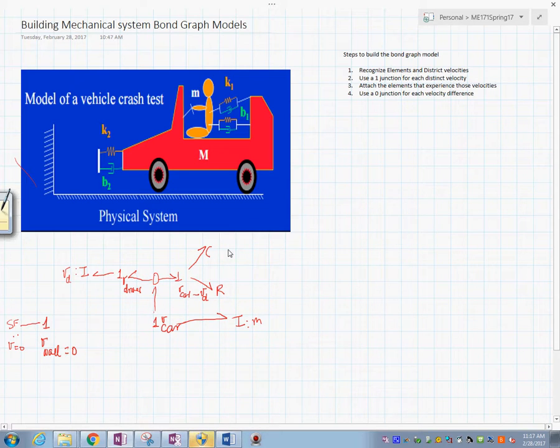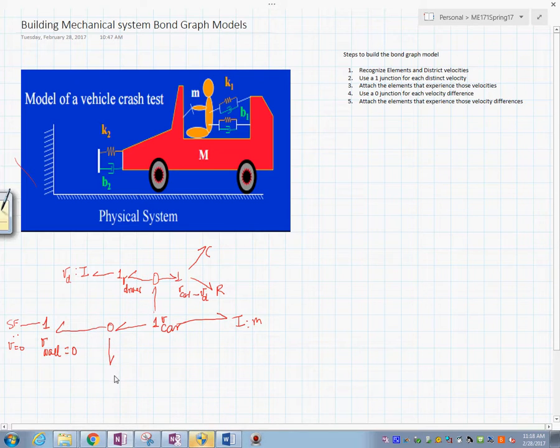So the last step is to attach the elements that experience those velocity differences. Okay, so in here, between the car and the wall, we have this.